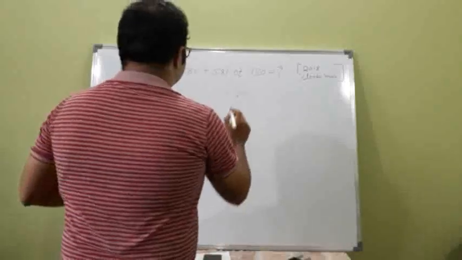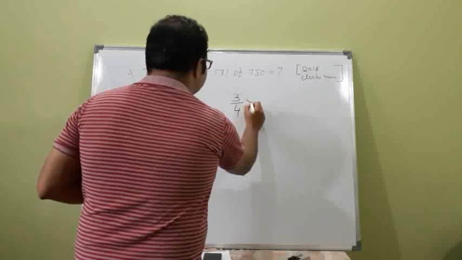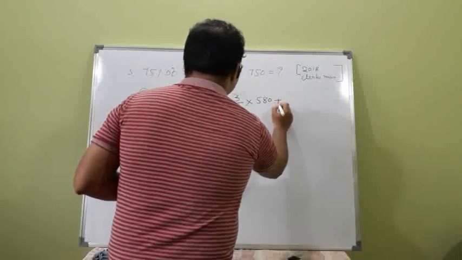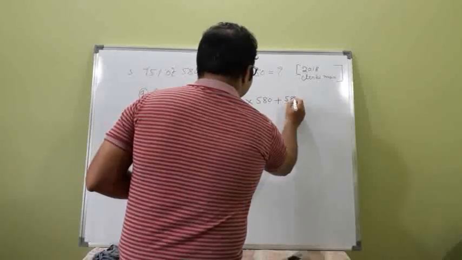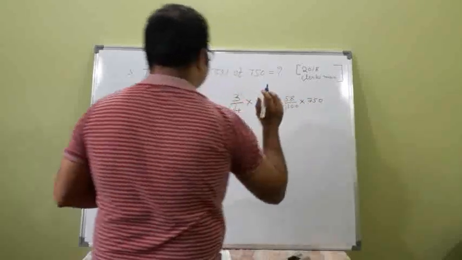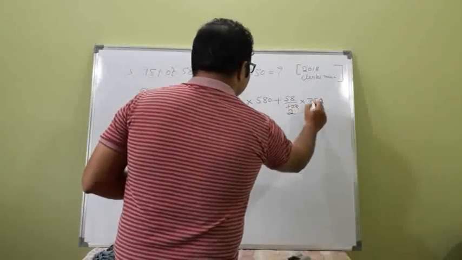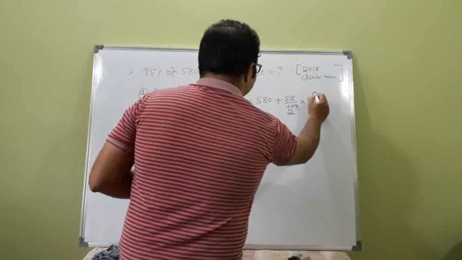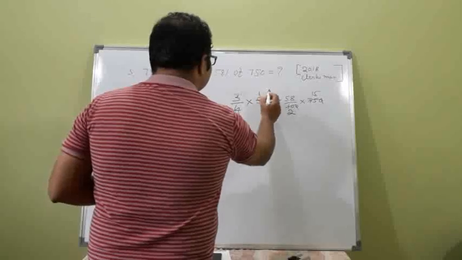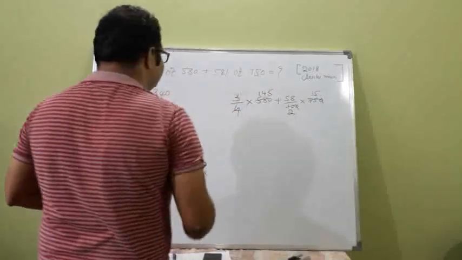Let's consider this problem. 75% means 3/4, of means multiplication, 580, again plus 58% means 58 by 100 of 750. The zeros get cancelled, 10 twos are 5 twos are 10, 5 fifteens are 75. 4 ones are 4, 4 fours are 16, 2 carry, 4 fives are 20.